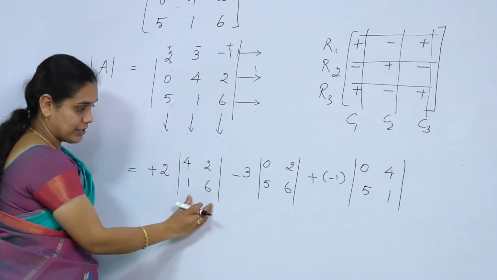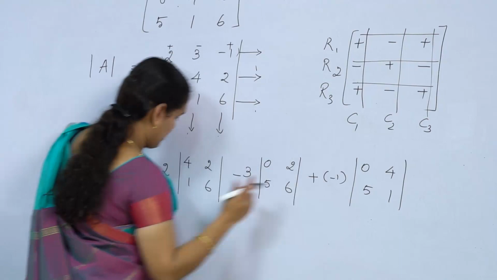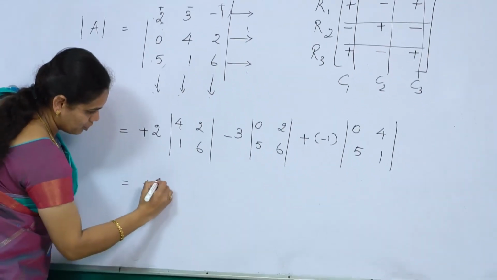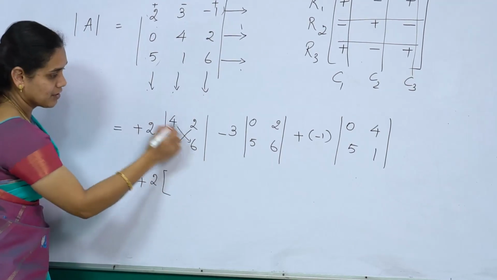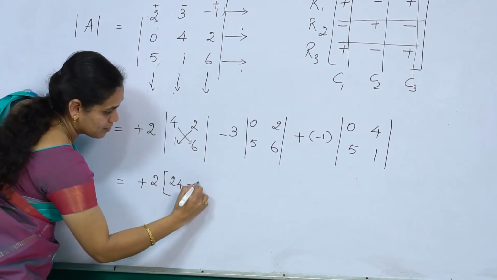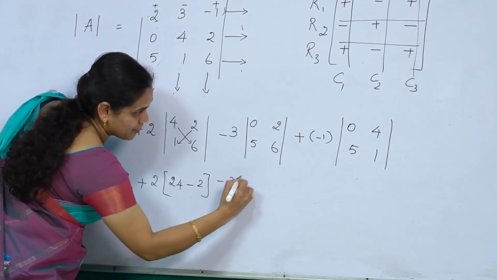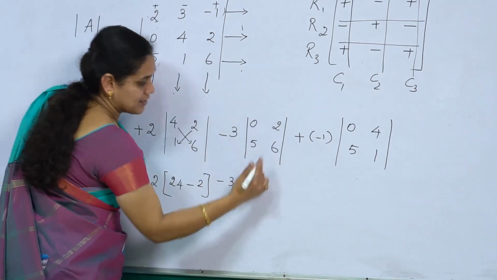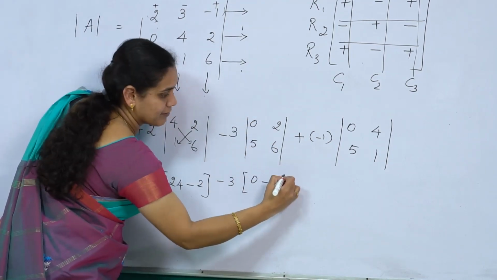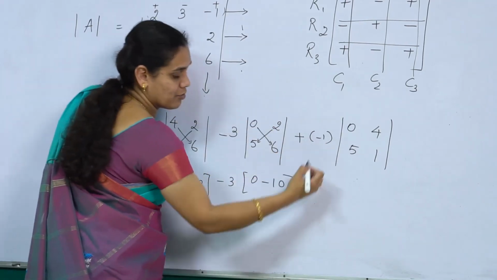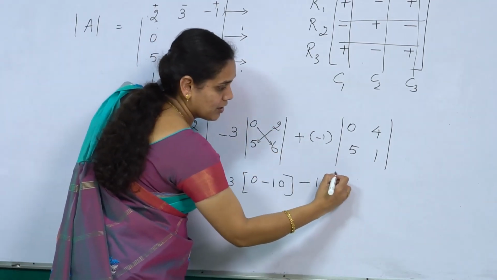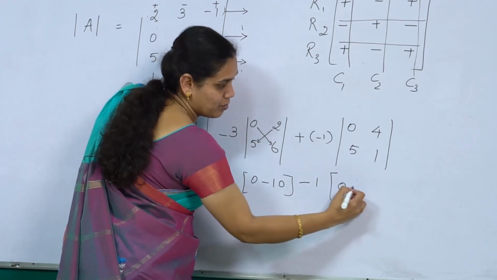Now it is easy for us to find the value. We know how to evaluate these 2 by 2 determinants. So plus 2 into cross multiply and subtract: 24 minus 2, then minus 3 into 0 minus 10, then plus of minus 1 is minus 1, times 0 minus 20.